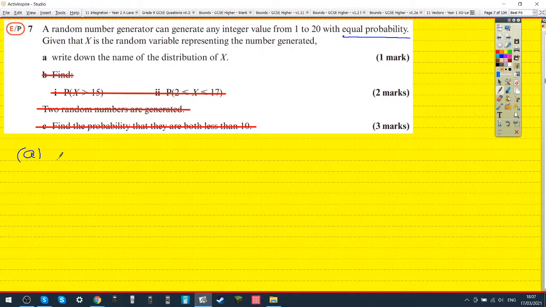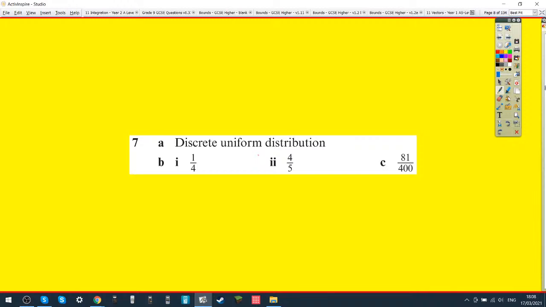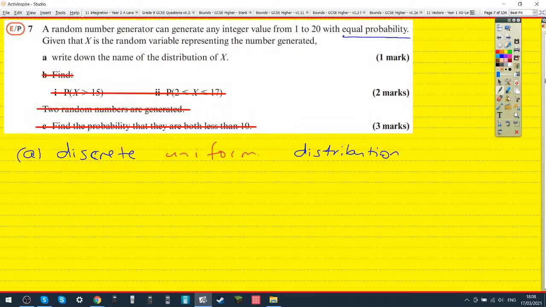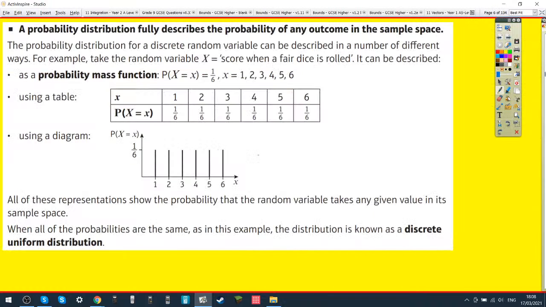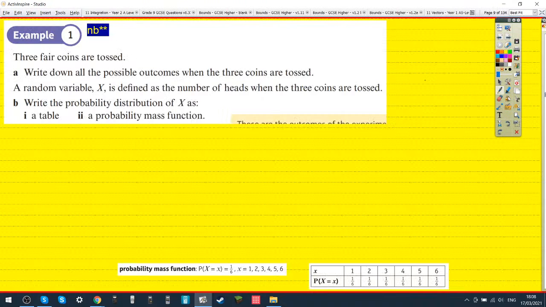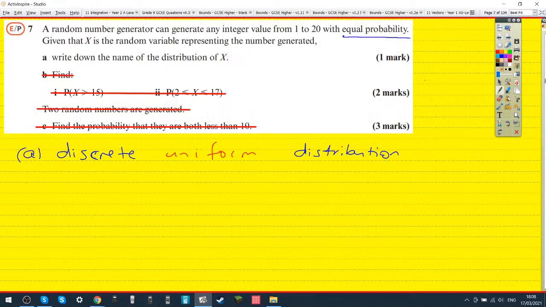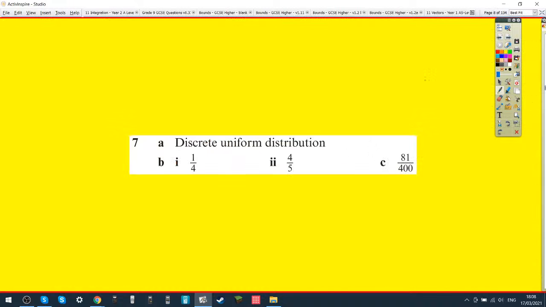It is discrete, and the important word goes in the middle: uniform. All the same. Discrete uniform distribution. It means equal probability, like a sixth, a sixth, a sixth, or like heads and tails would be a half and a half. Yeah, discrete uniform distribution.